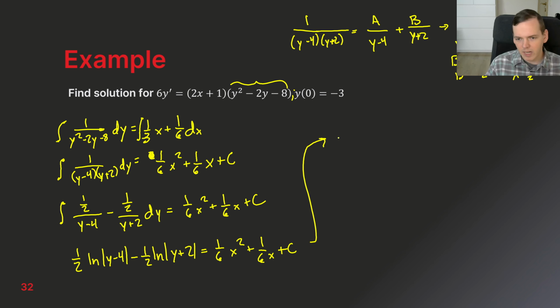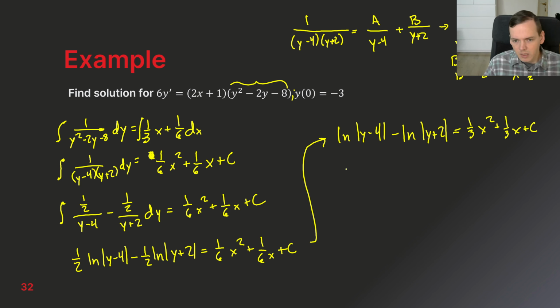I'm going to move the 1/6 to the opposite side, multiplying everything by 6. ln of y minus 4 minus ln of y plus 2 is equal to x squared plus x plus c. Again, we don't need to worry about multiplying c by constants.